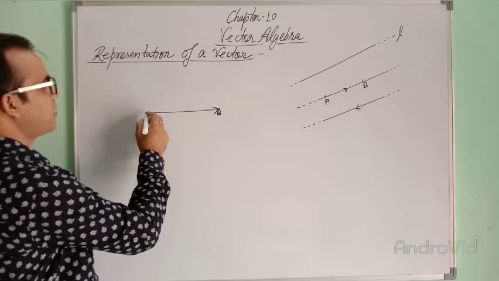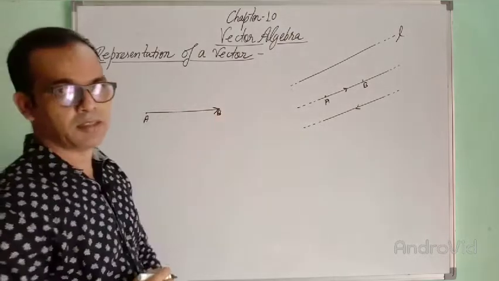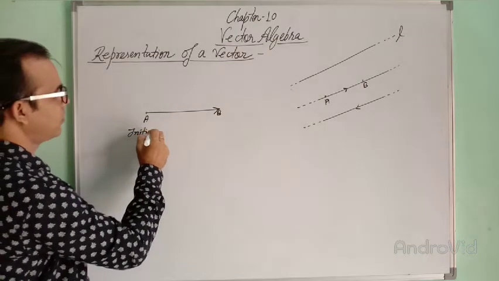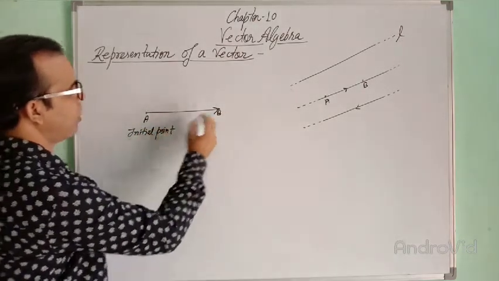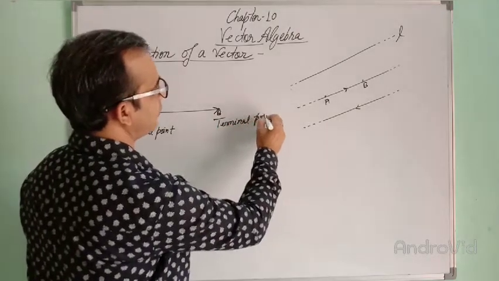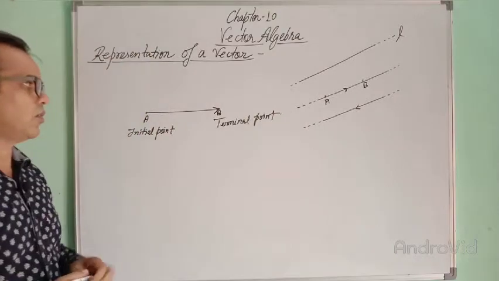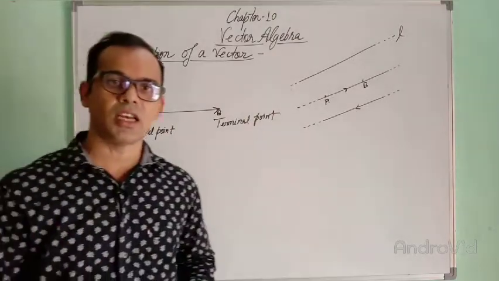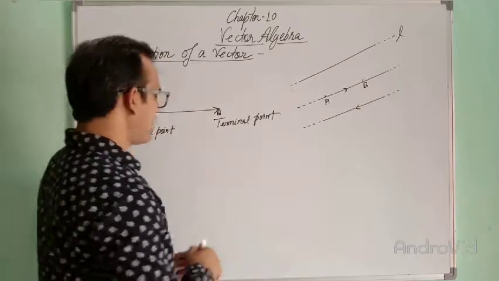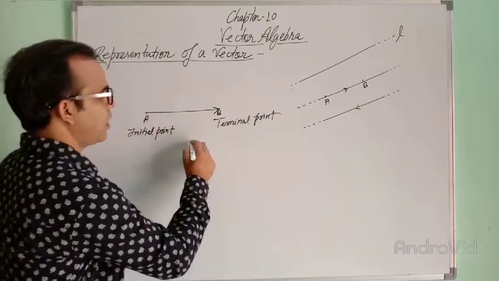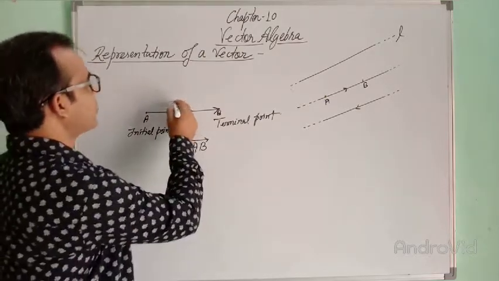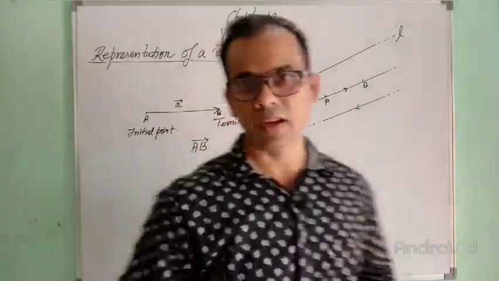So if we want to represent a vector, here you see that AB is the vector in which A is called the initial point and B is called the terminal point. This vector can be represented as vector AB. Also we can represent it using a small letter as vector a.